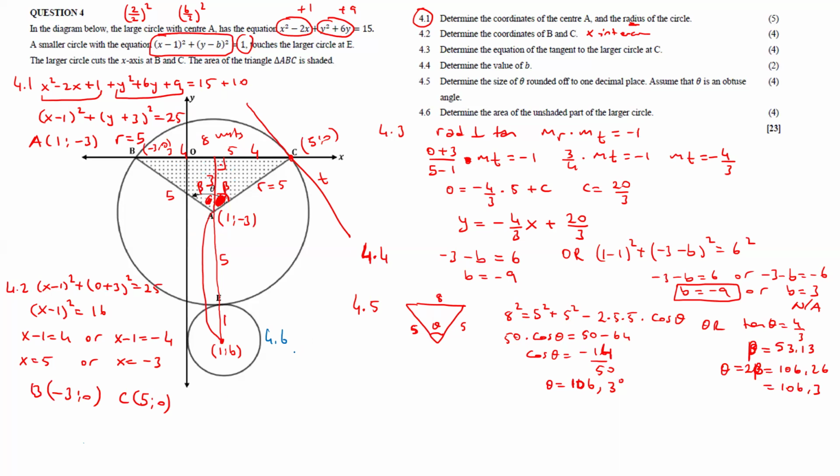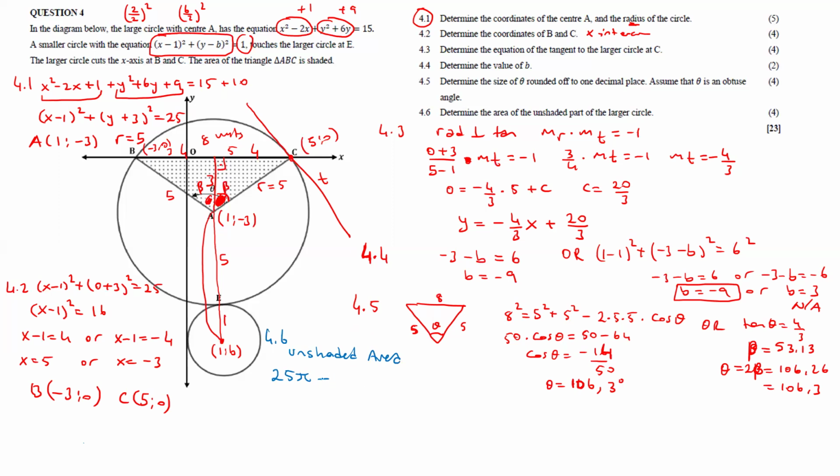So the unshaded area will be the area of the circle, which is pi times 5 squared, which is 25 pi, minus the area of ABC.